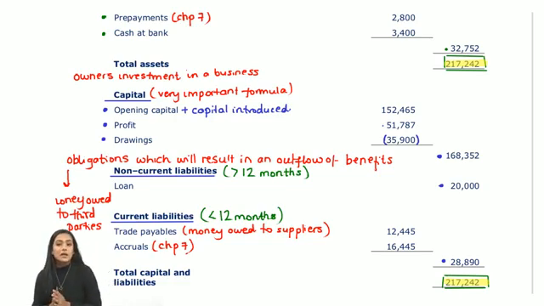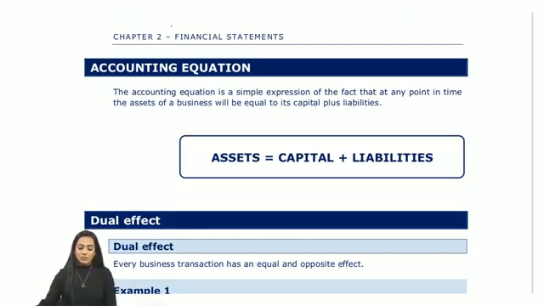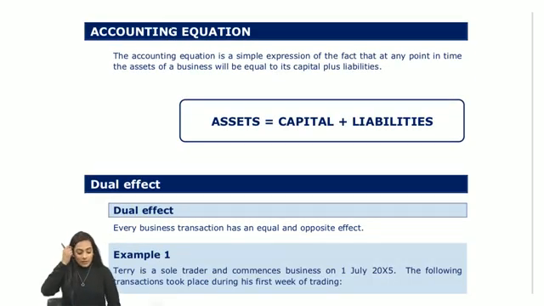So this balance sheet derives from the accounting equation that all the assets of a business must be equal to the liabilities and the capital of a business. This is known as the accounting equation. The accounting equation is assets is equal to capital plus liabilities. So it's an equation.